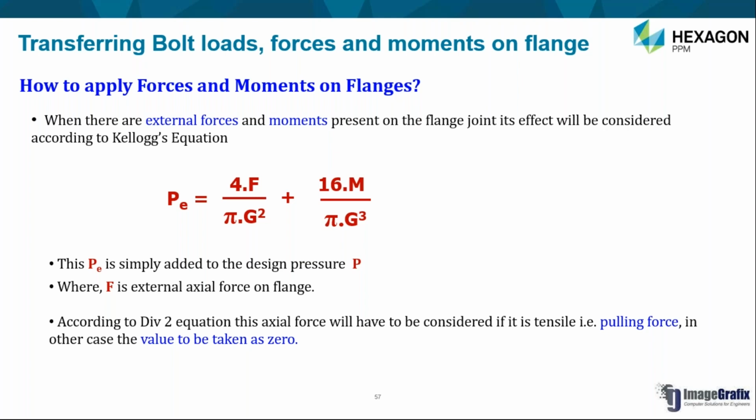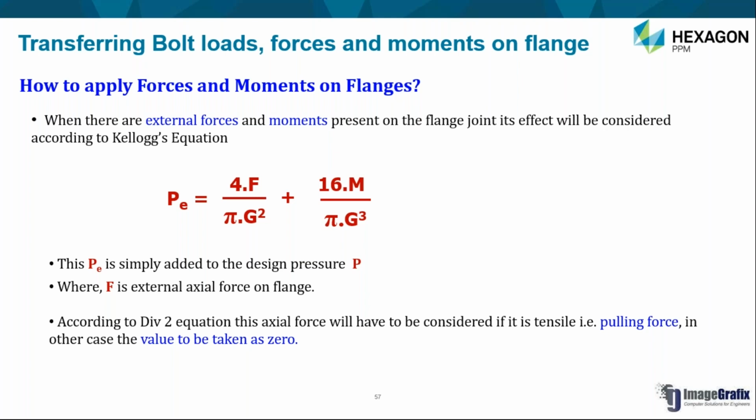And out of the three moments, the torsional moment will not have any effect, but for the other two moments, the circumferential and the longitudinal moment, we have to choose the maximum value. From that, we calculate the equivalent pressure. But if the axial force is acting in the downward direction, it is not supporting the pressure, it is in the reverse direction, and we don't take the advantage that it is trying to close the flange.